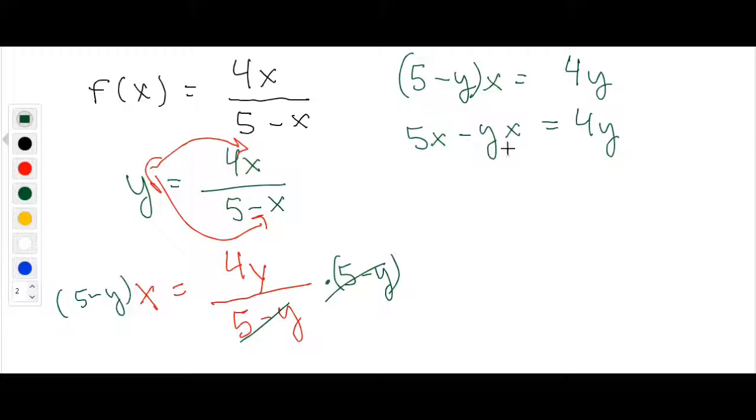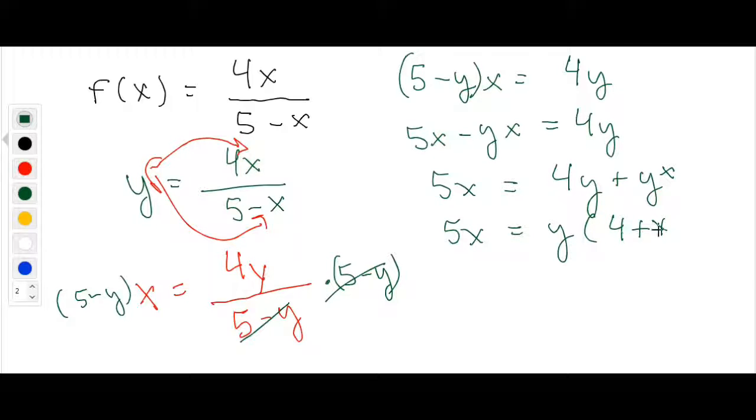Remember, we want this y to be isolated from that. So it'd be smart to take this 5x and isolate that and leave all the y's on one side. Then you want to factor out a y from this equation. You want 5x equals y of (4 plus x).